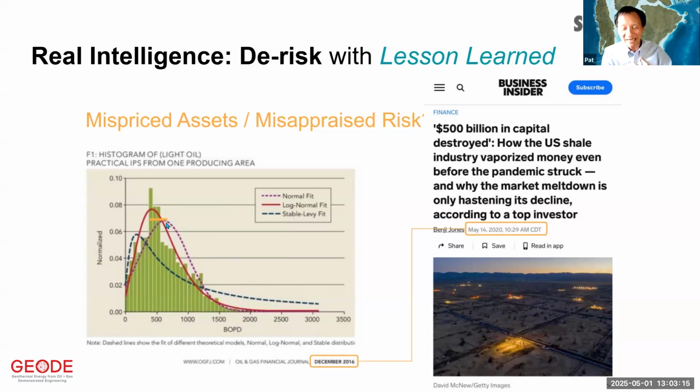I'm not saying this really explains everything, but I think what it means is that a lot of the time people rush and then they overpay for the asset they get. So it impairs the return.